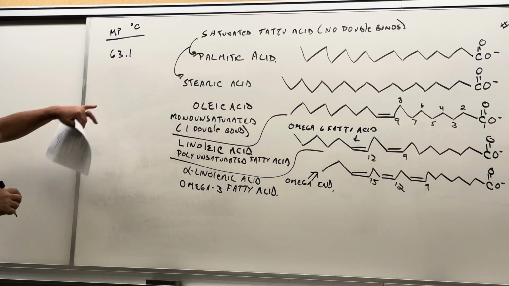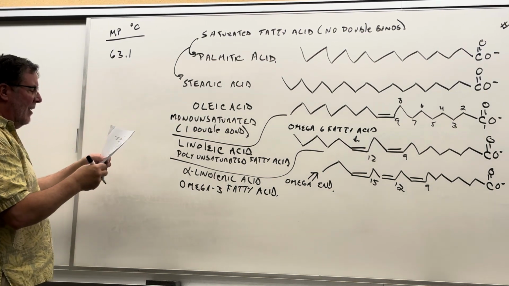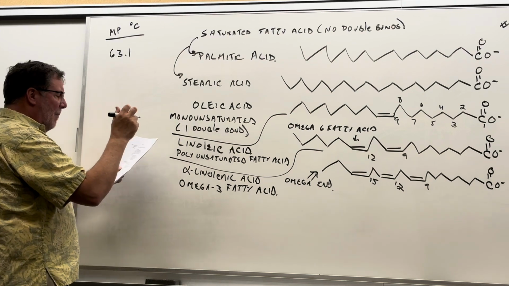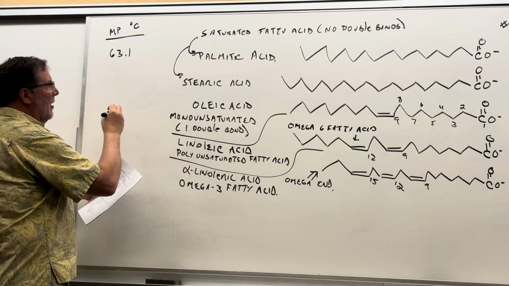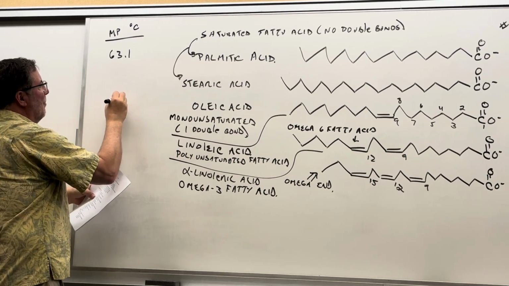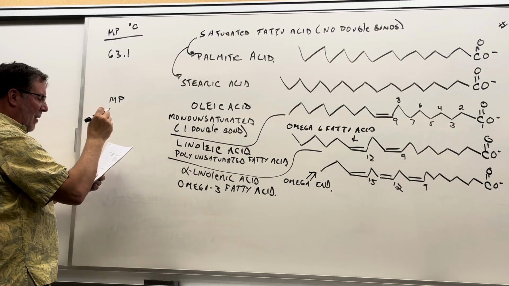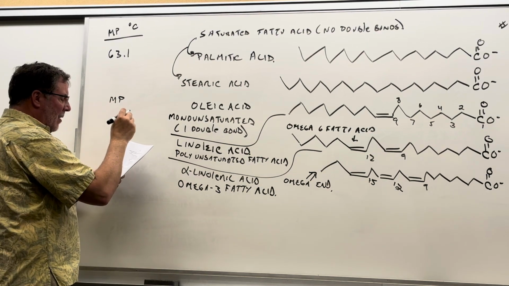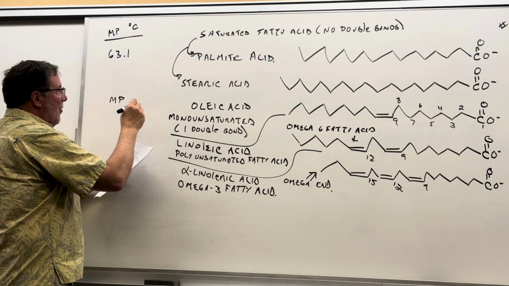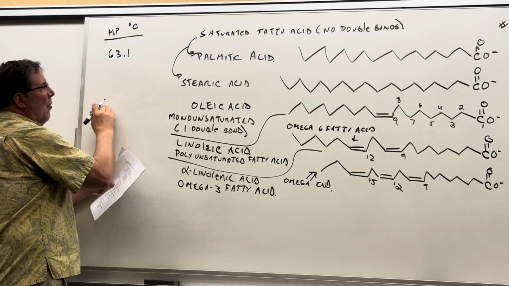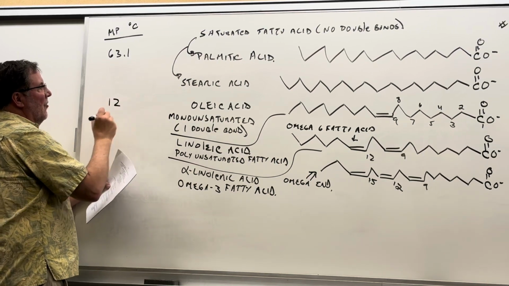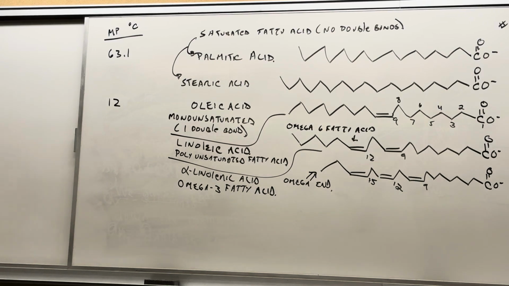Okay? I'll skip over stearic acid. Oleic acid, introducing that one double bond greatly lowers the melting temperature. The melting point of oleic acid is 12 degrees C. So if I brought in oleic acid in here where it's 20, 21 or 22 degrees C, it's already going to be a liquid.